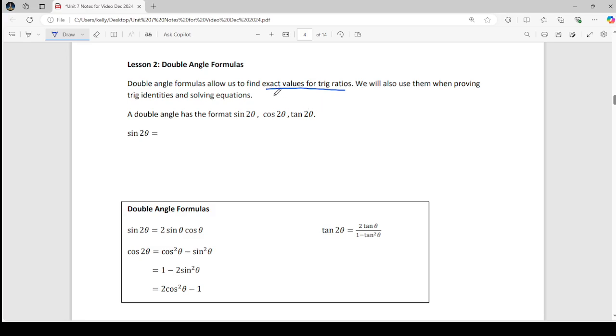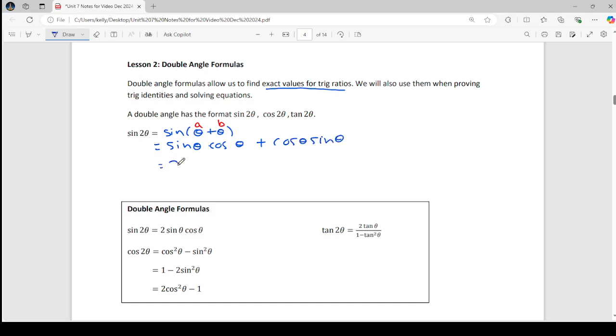To develop the formula, we can rewrite sine 2 theta as a compound angle, which would be theta plus theta. Using the compound angle formula, and letting theta be A and also theta be B, this would give us sine theta cos theta plus cos theta sine theta.